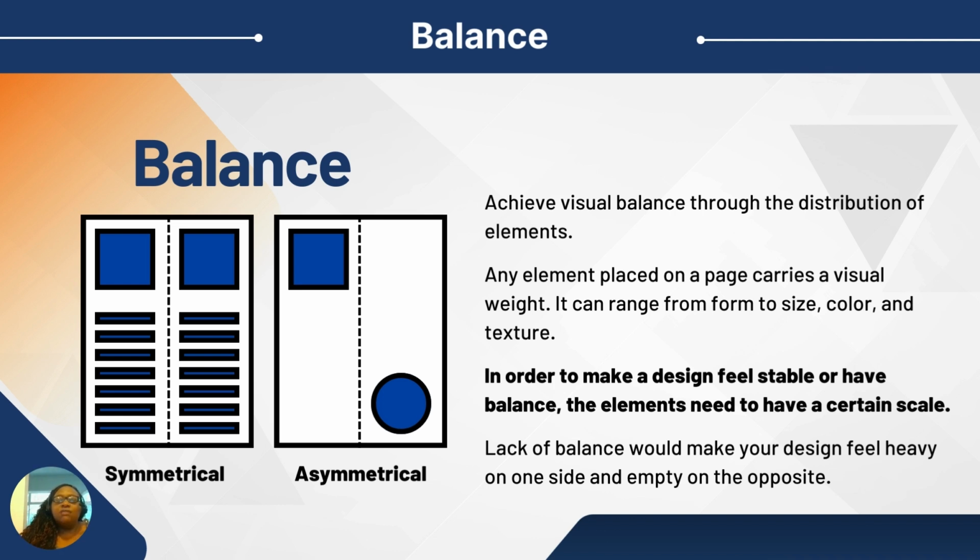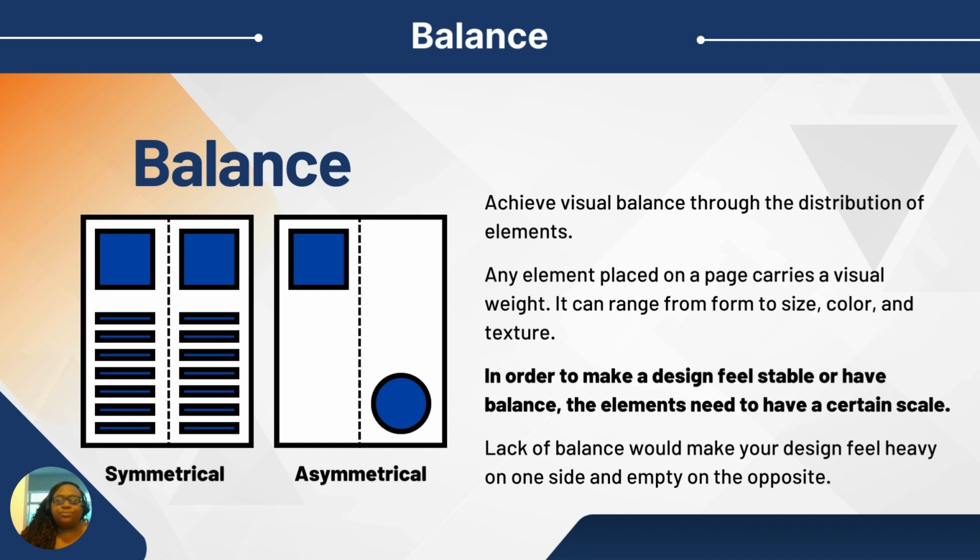And any elements placed on that page carry a visual weight. It can range from form to size, color, and texture. In order to make a design feel stable or have balance, the elements need to have a certain scale. Now, lack of balance would make your design feel heavy on one side and empty on the opposite side.